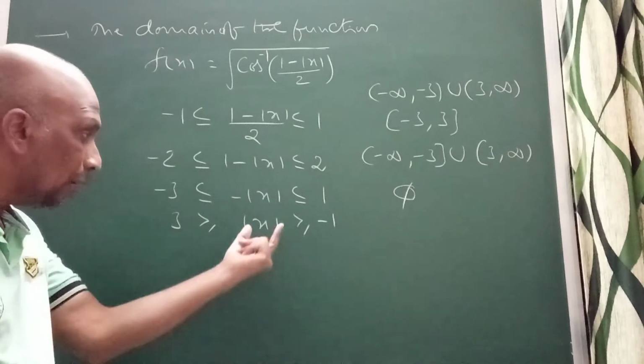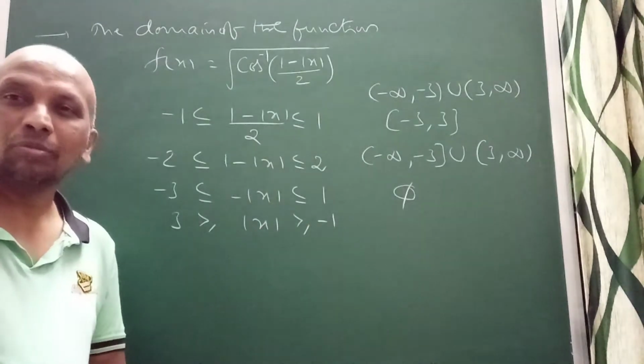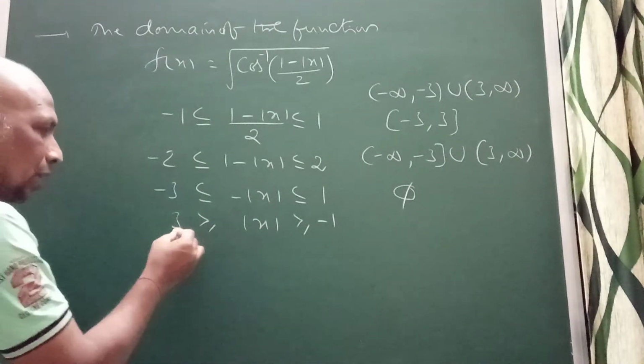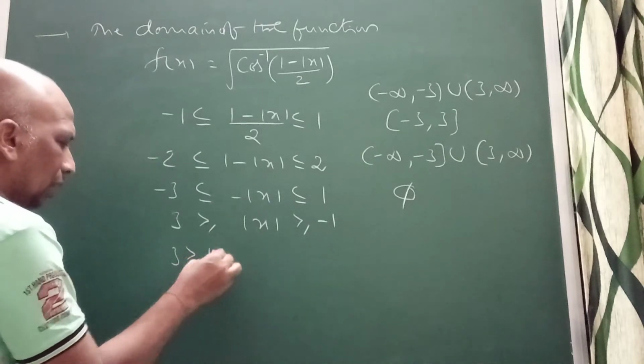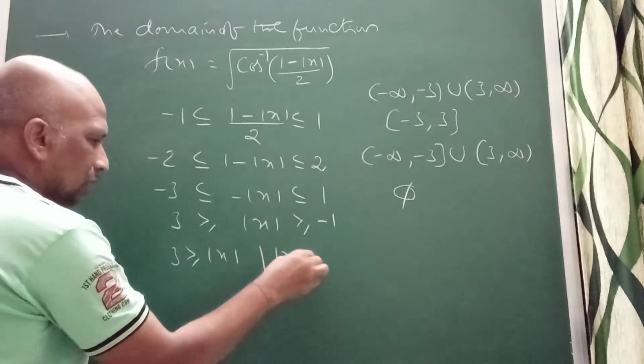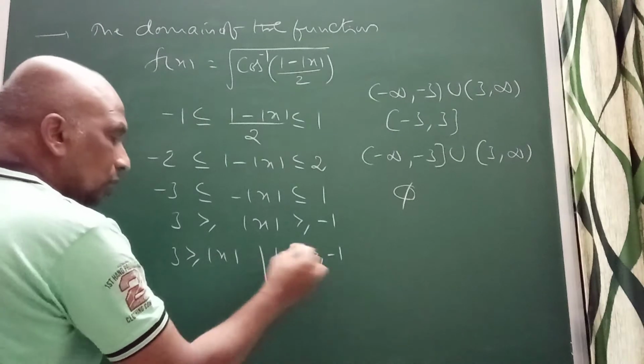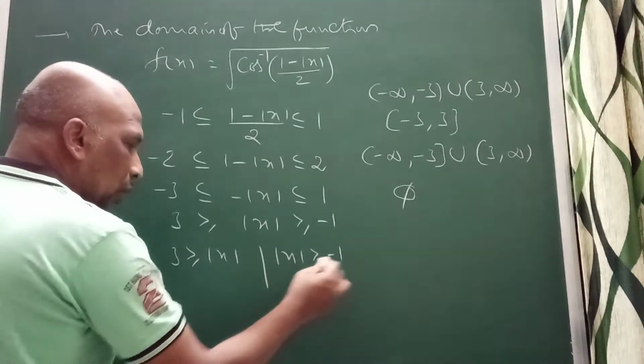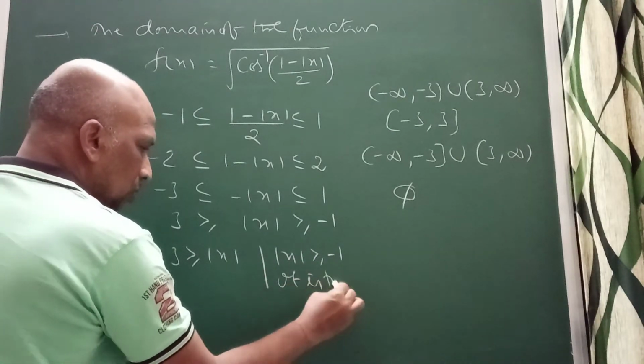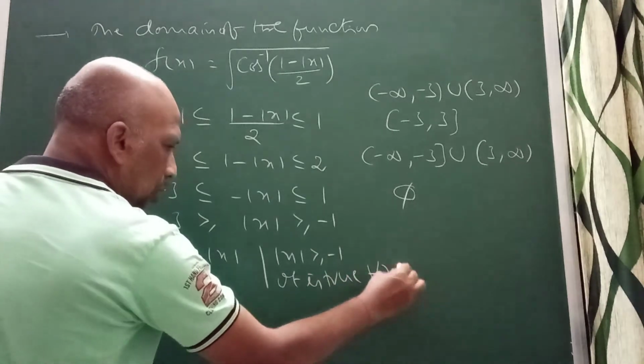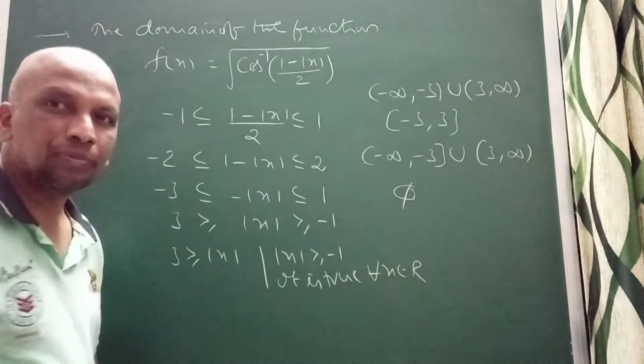Correct? So mod x greater than or equal to minus 1 is always true for all x. You can write here 3 greater than or equal to mod x and mod x greater than or equal to minus 1. So this is true for all x belongs to R, right?